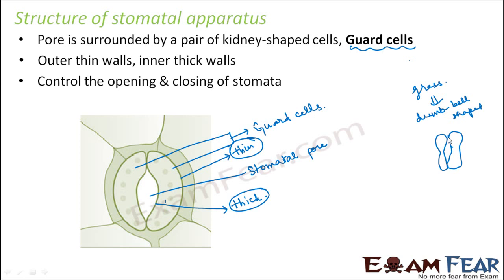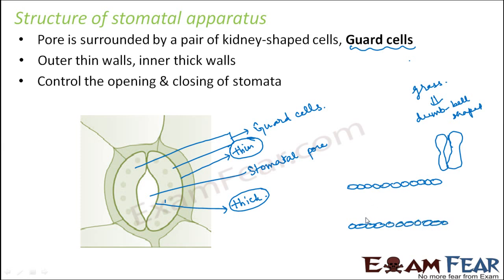Again, when we talk about the presence of stomata in a leaf, in a leaf there are two layers of epidermis. When you look at the internal structure of a leaf, you will see that there are two layers of epidermis, one on the upper surface and the other at the lower surface.